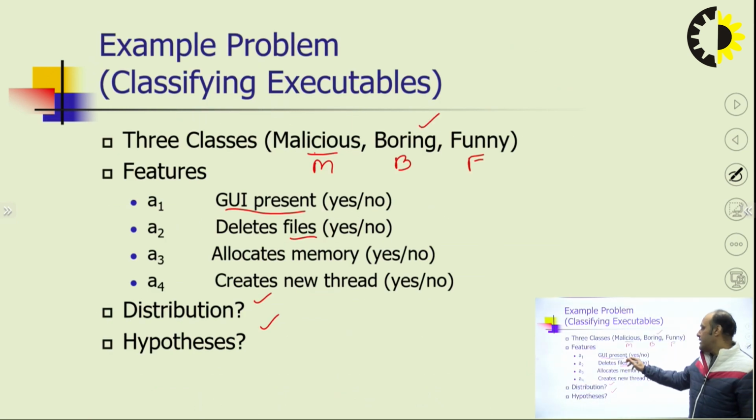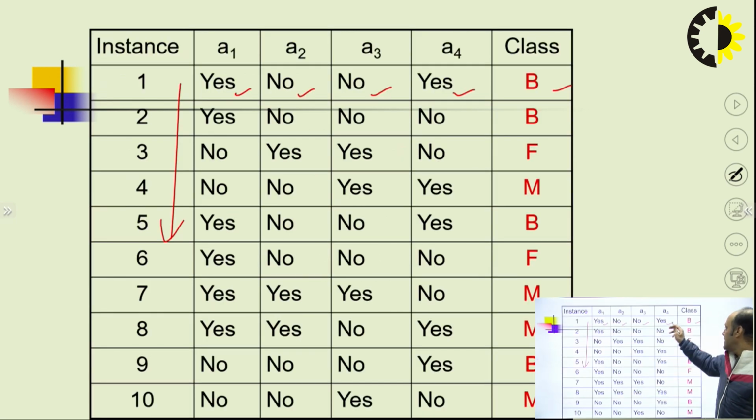GUI is present, yes. Deletes file, no. Allocates memory, no. Creates new thread, yes. It is boring. So this is the classification problem, and several examples are given. This is one type of example.